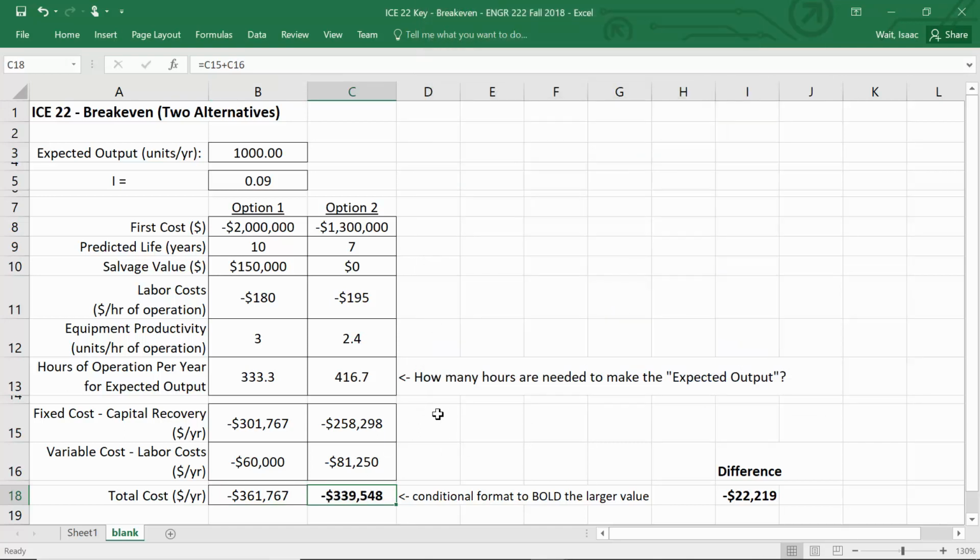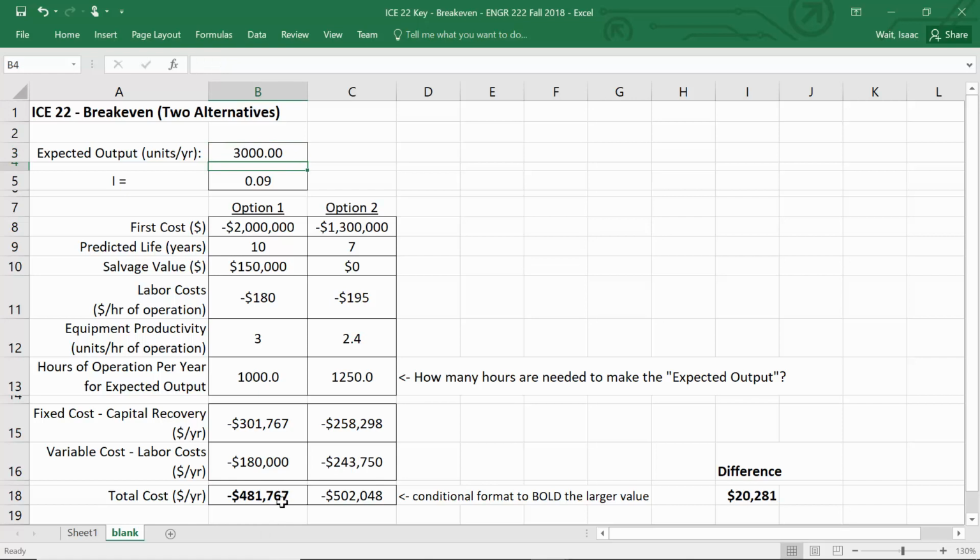And why is it good to have the big numbers? Because these are negative numbers. And so whatever's least negative is the lower cost. So option 2 is better at 1,000, but what if I make 3,000? 3,000 per year. So I'll change that. $3,000 per year, then option 1 is better.